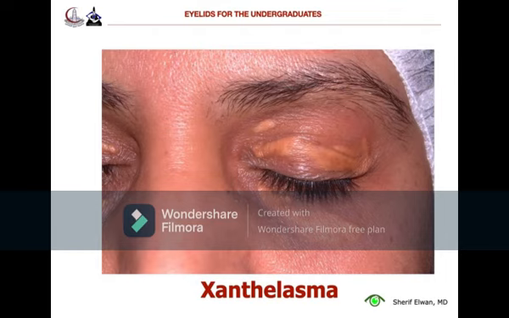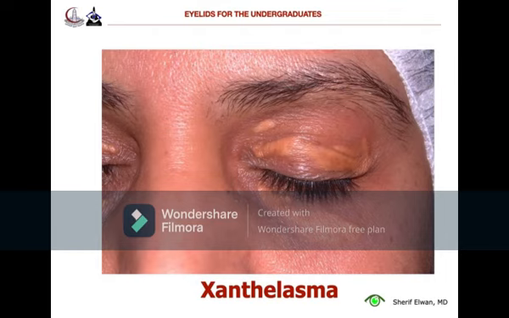Xanthelasma is deposition of cholesterol salts in the dermis layer of the skin of the eyelids, leading to what you can see in this photo as flat-topped yellowish to dirty yellowish plaques.